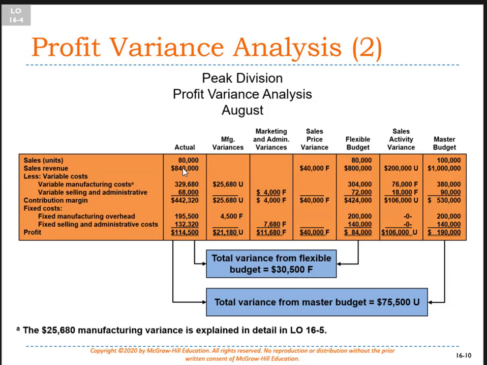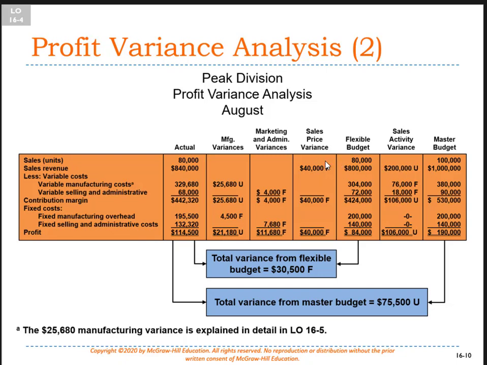If we sold 80,000 units and got revenue of $840,000, we must have sold them for a little bit more than what we planned. That caused us to have a $40,000 favorable sales price variance. So we did sell less, but we sold the ones we did sell for more, and that kind of offsets.